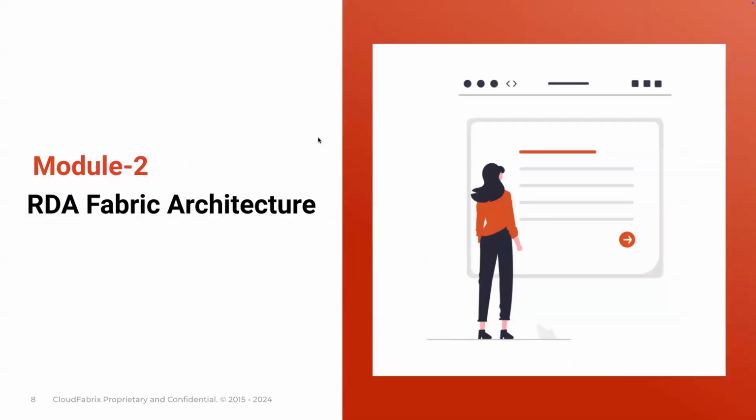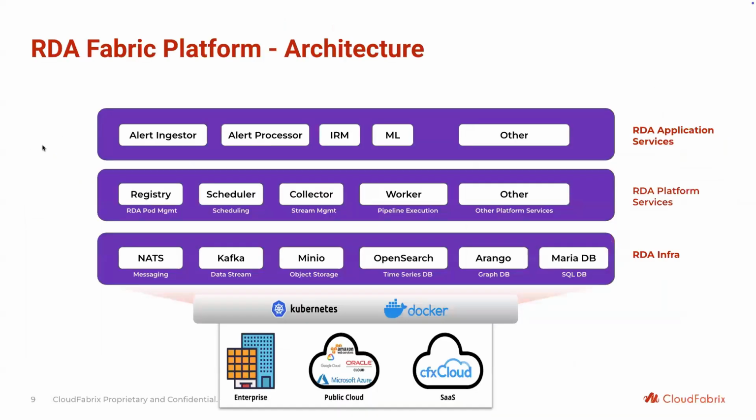Okay, so with that, we'll talk about the RDAF architecture. As we briefly talked about, the platform is built on top of a cloud-native architecture. It can run in a Kubernetes cluster environment, on-premise or cloud, or a plain vanilla Docker container environment.